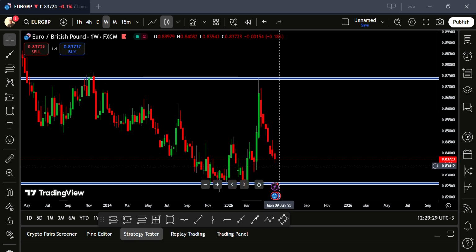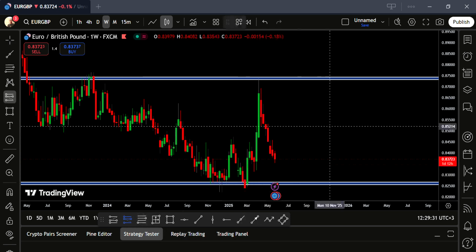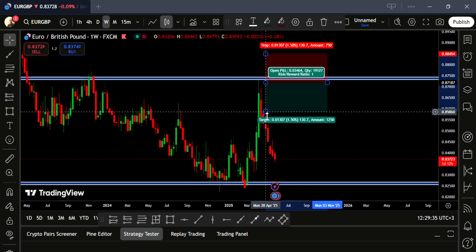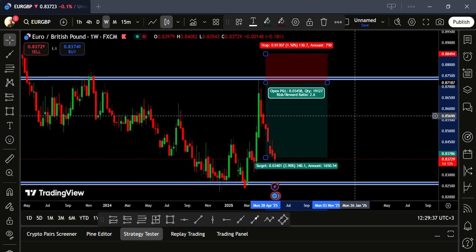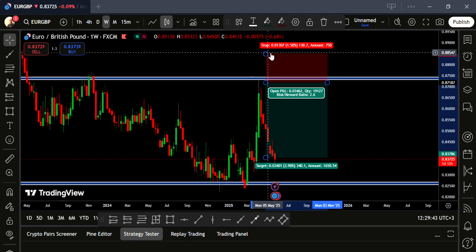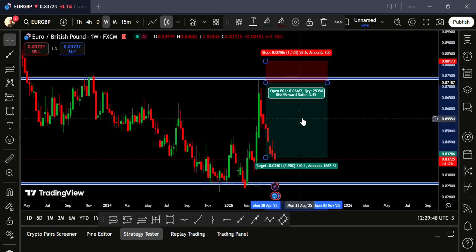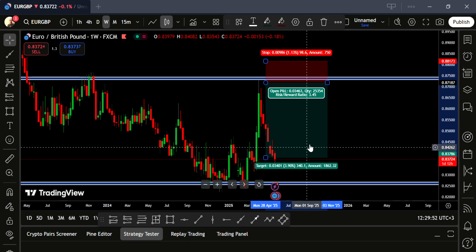It has dropped how many pips? So far it has dropped 300 pips. And if you put your stop loss of 100 pips, you would be in a 1:3. Yes, a 1:3.